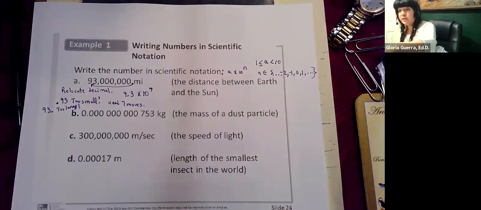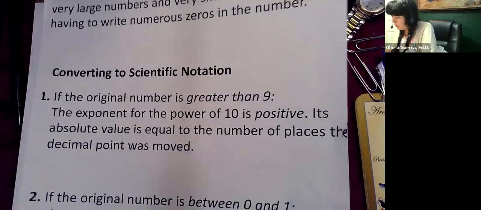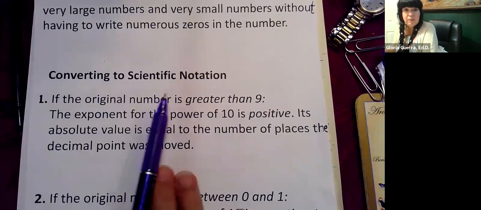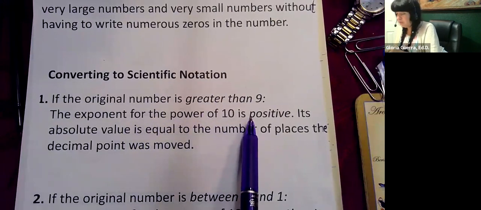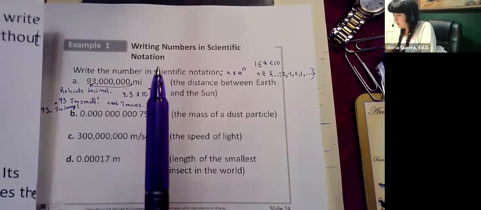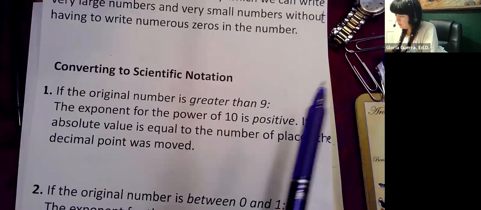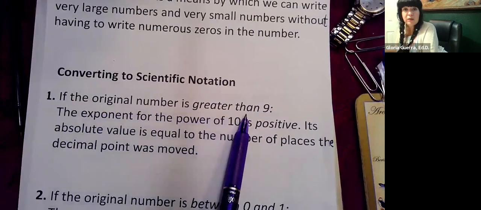If I try to match what it said, I think it's this first one here. They didn't have an example here, but it says the exponent for the power of 10 is positive, and that's what happened here. This exponent was a positive 7. It says this happens when the original number is greater than 9.